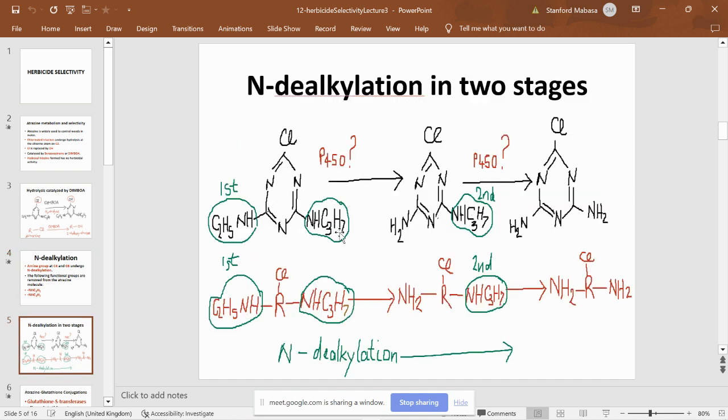These are here at the bottom, and they can be converted to NH2 for both positions, or we can simplify it like this, where the two positions are now occupied by NH2 after N or nitrogen dealkylation.